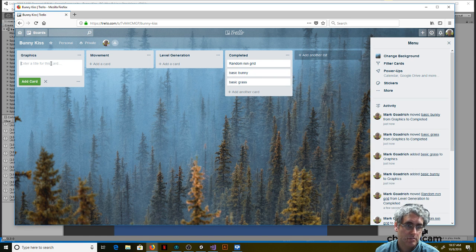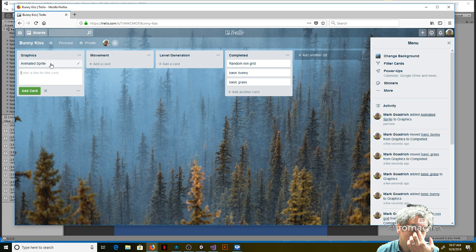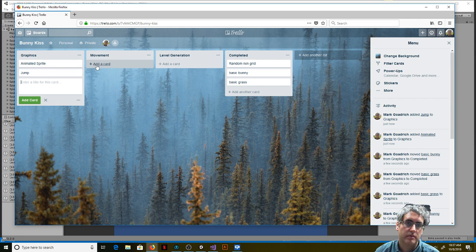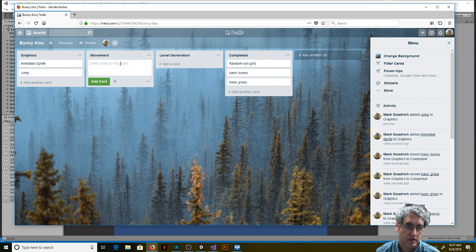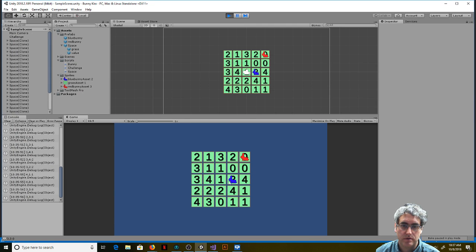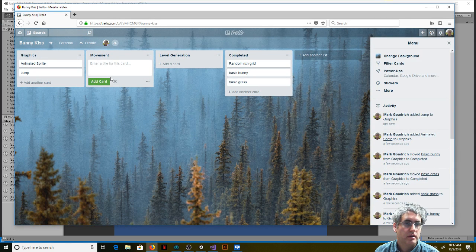But we would like to make a... Let's try and make an animated sprite. And those animated sprites, we need them to jump. We really need to fix the movement, because right now our bunnies can't get additional benefit by jumping over other bunnies.